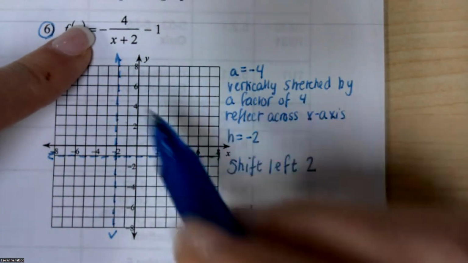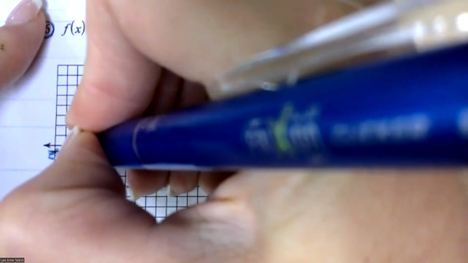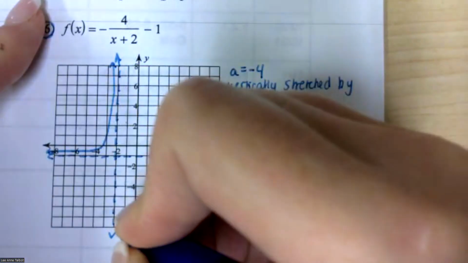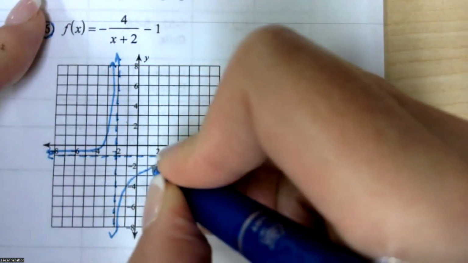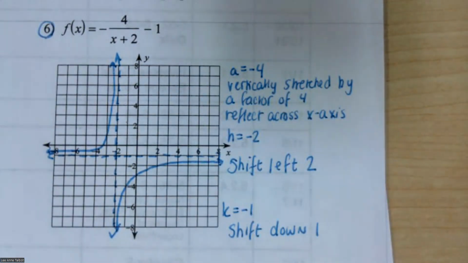The negative means that I'm going to make my hyperbola here and here, and the 4 doesn't really affect our graph because we just swing it anyway. It means that it's going to be closer to the asymptotes, but you know, good enough.